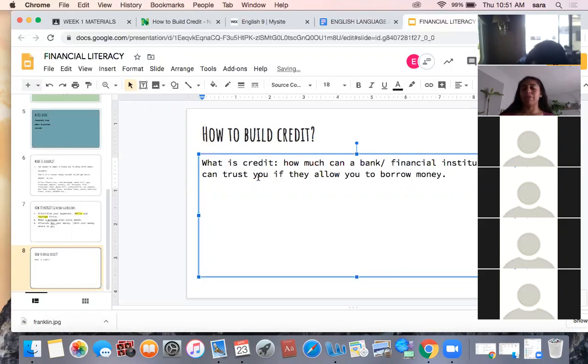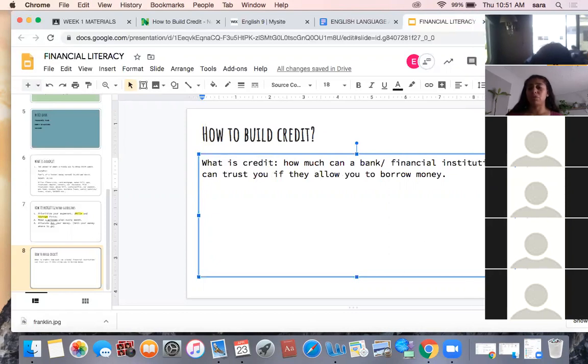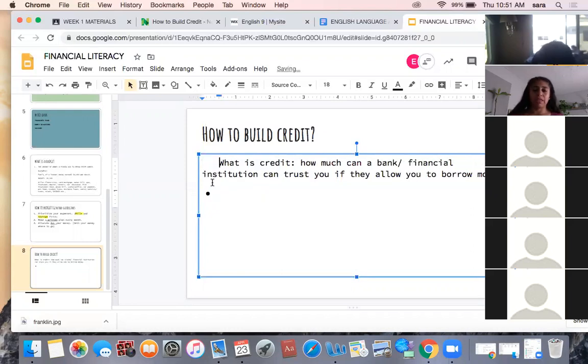So that's your credit. Credit is how much a financial institution can trust you. And it has to do with debt. And yes, we don't like debt, but in this case, credit is taking when it's built.